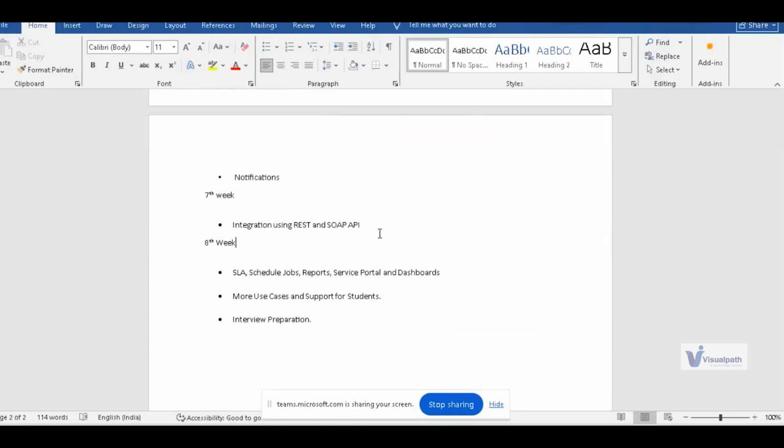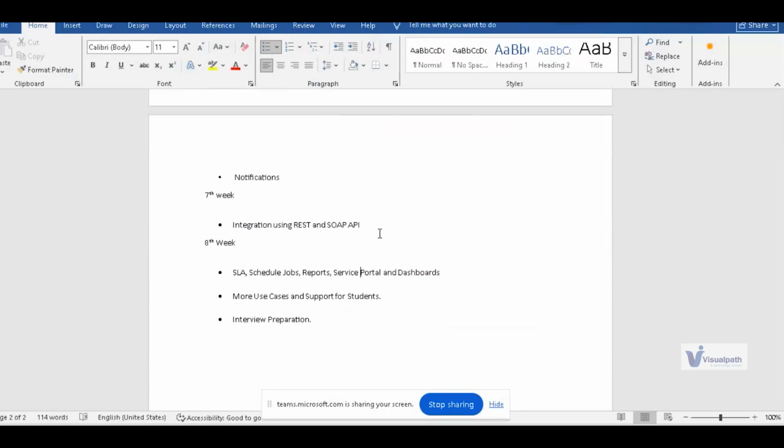And as an add-on, other concepts like SLA, scheduled jobs, related lists, reports, service portal and dashboards will be covered in the 8th week.